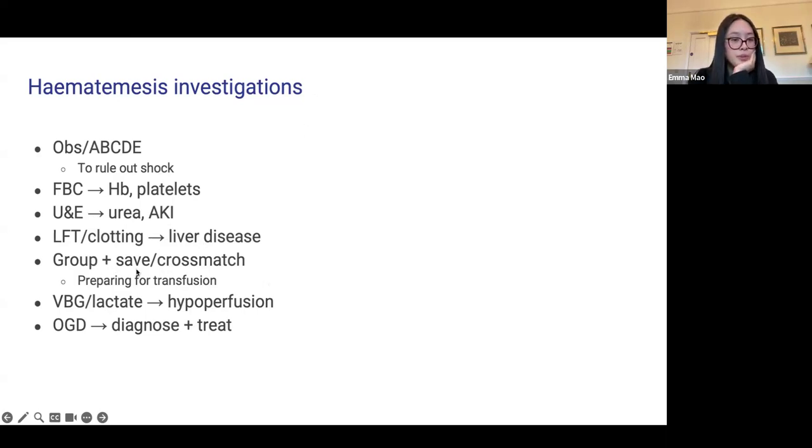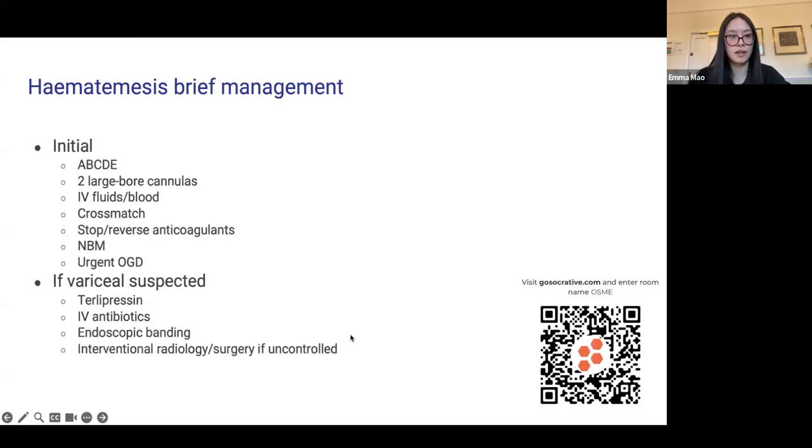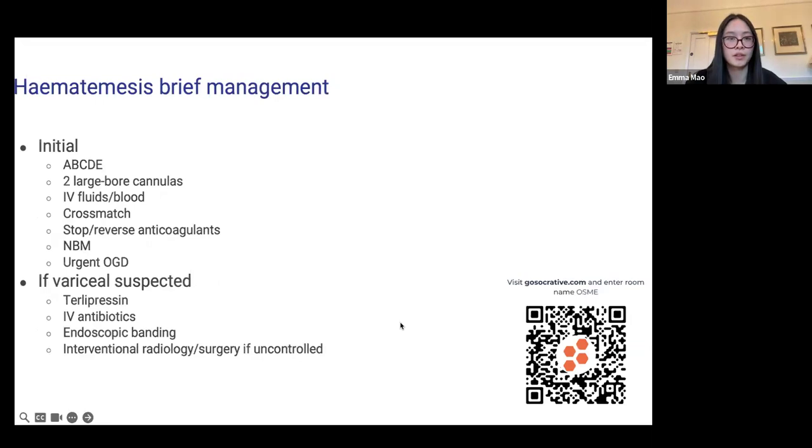And it's important to group and save and cross-match to prepare for transfusion, and lactate to see if there's any hypoperfusion. So that's a sign of losing lots of blood. And then an OGD is used to diagnose and also treat it. Okay, so you can read this as well, but let's go back to the questions.